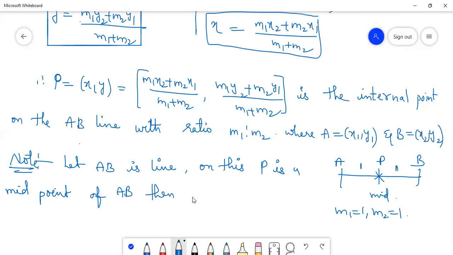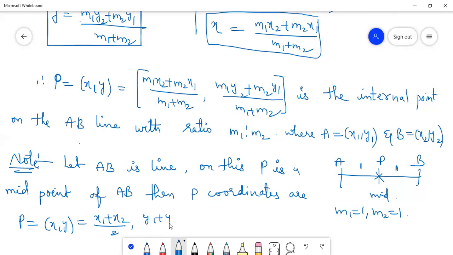Then the P coordinates are x comma y equals x1 plus x2 by 2, y1 plus y2 by 2. It is very, very important. If two points on the line are given, then we can find the midpoint on that line. That means you take the mean of the coordinates, which gives the midpoint on the line AB.